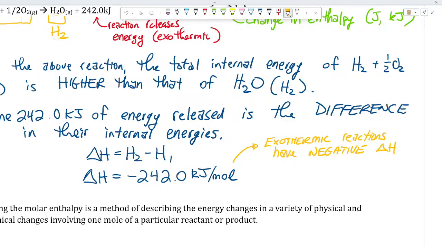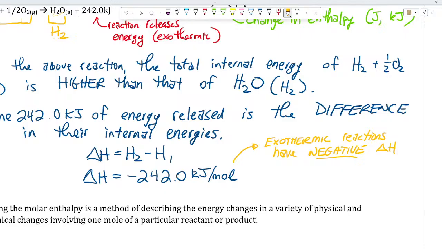But again, the things that are actually doing the reacting must be losing that energy. So anytime the surroundings get hotter, the delta H is negative. If the surroundings get cooler, then the delta H must be positive, because that actually means they're sucking energy in from the environment to make the reaction happen.